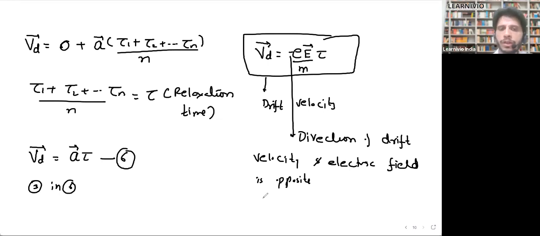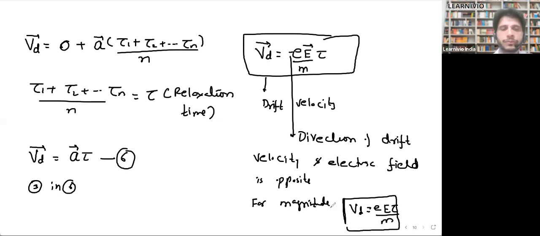If you want to write only the magnitude, you can write this Vd as simply eE tau by m. This is the magnitude. So lastly, I'm writing the definition of relaxation time: time taken between two successive collisions.